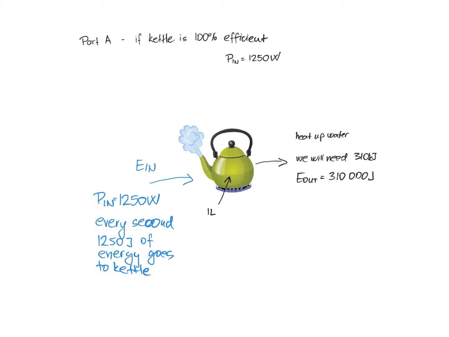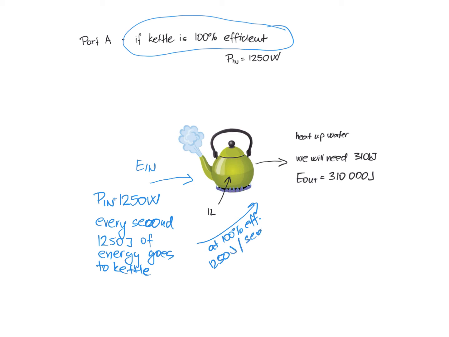Now, what does that mean? If my kettle is 100% efficient, that means at 100% efficiency, 1250 joules per second goes to water.